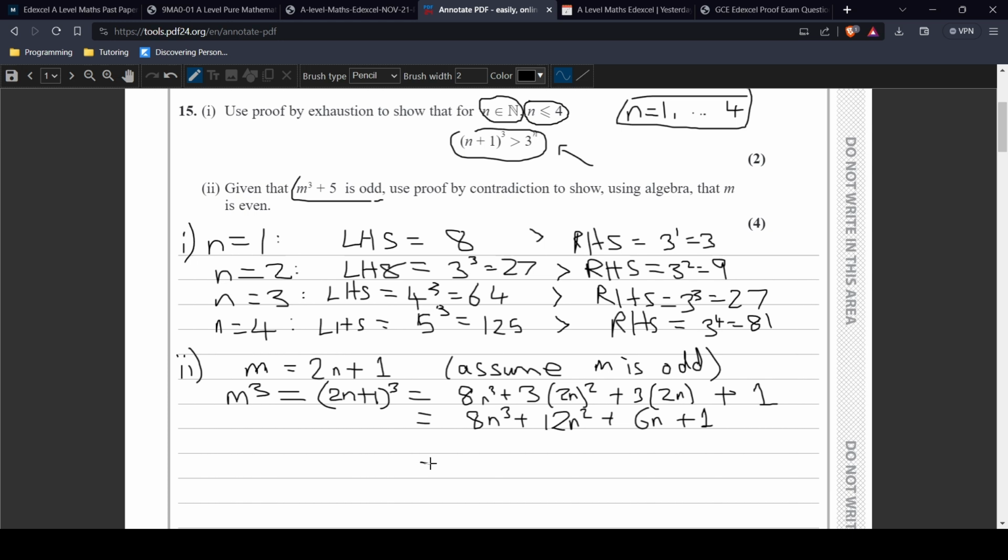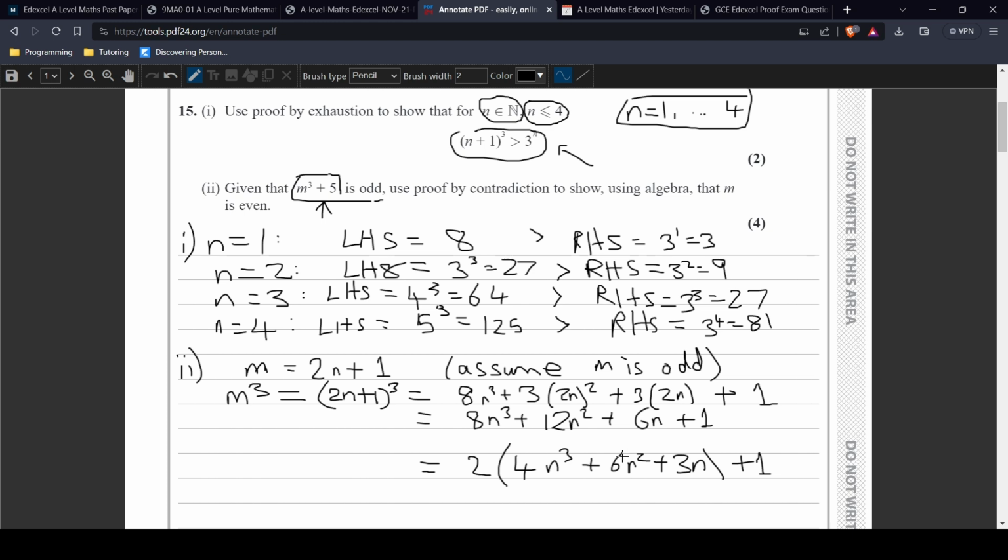Okay, so we're almost done. Now we just need to arrive at our contradiction. So we're going to factor out a 2 from just the first 3 terms, and we get 4n cubed plus 6n squared plus 3n. So why have we done this? Well, we were given that m cubed plus 5 is odd.